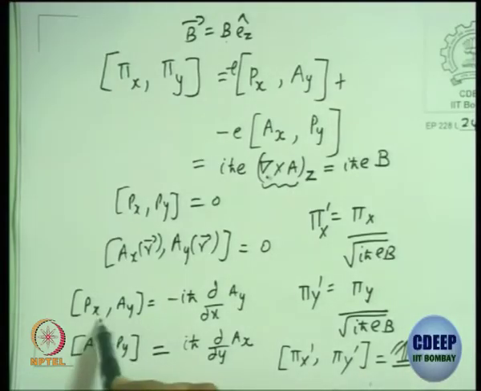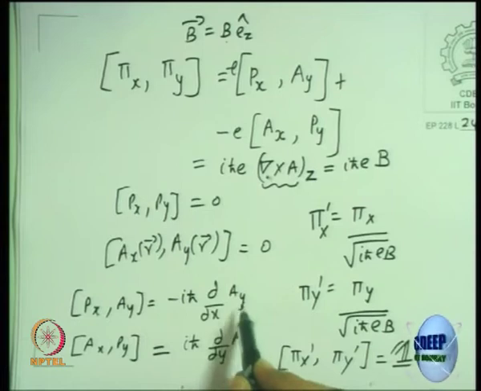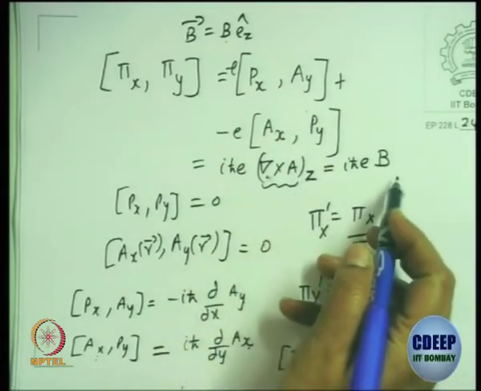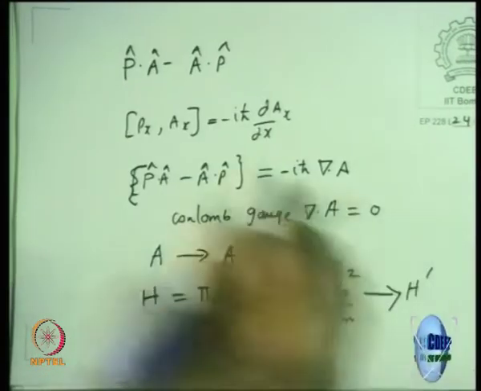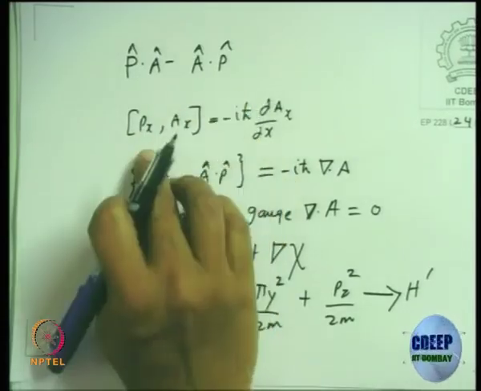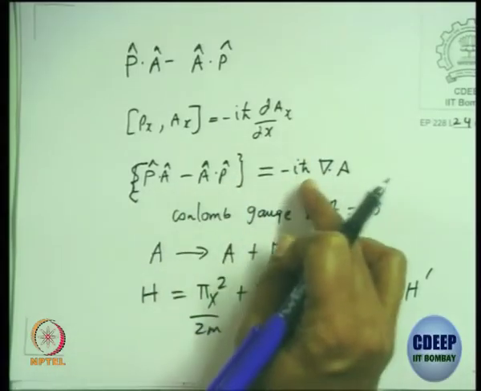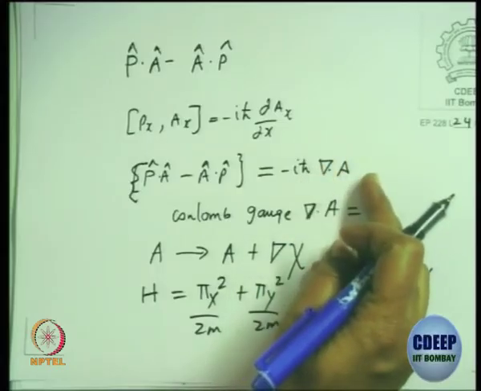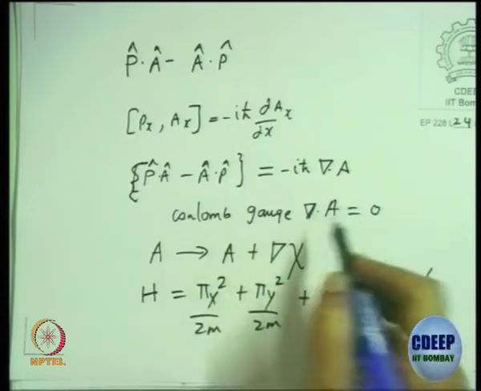So this is what I said in the earlier slide. [px, Ay] is ∂Ay/∂x, and [Ax, py] is ∂Ax/∂y, and if we use that here, you get curl of A, which is nothing but the magnetic field. Similarly, for p·A minus A·p, [px, Ax] is ∂Ax/∂x. So p·A minus A·p is nothing but minus iħ divergence of A, or ∇·A. We can choose a gauge which is known to us as the Coulomb gauge, where ∇·A is 0.